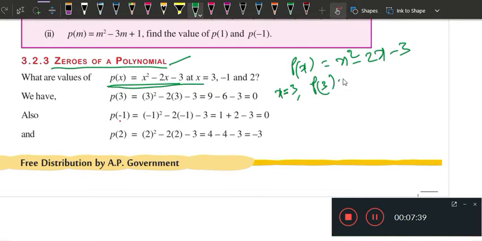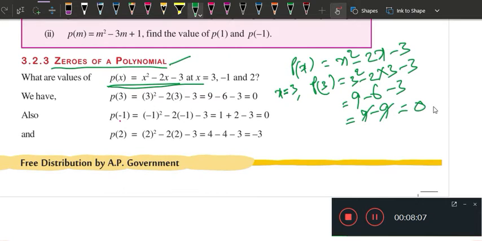P of 3 is equal to 3 square minus 2 into 3 minus 3. So that is equal to 9 minus 6 minus 3. Then 9 minus 6 and minus 3 becomes minus 9. So plus 9 minus 9 becomes 0. So finally we get 0.